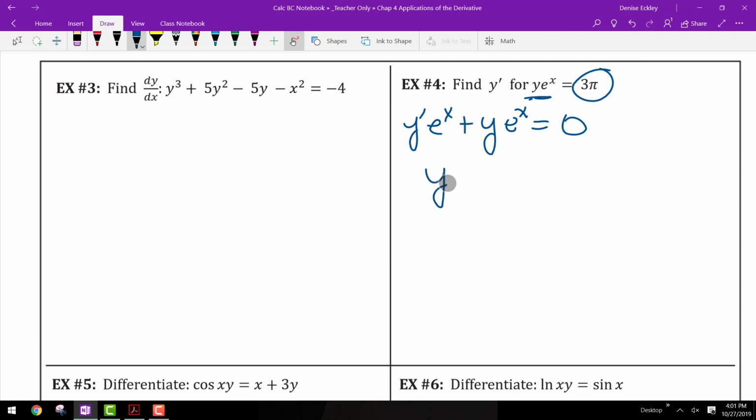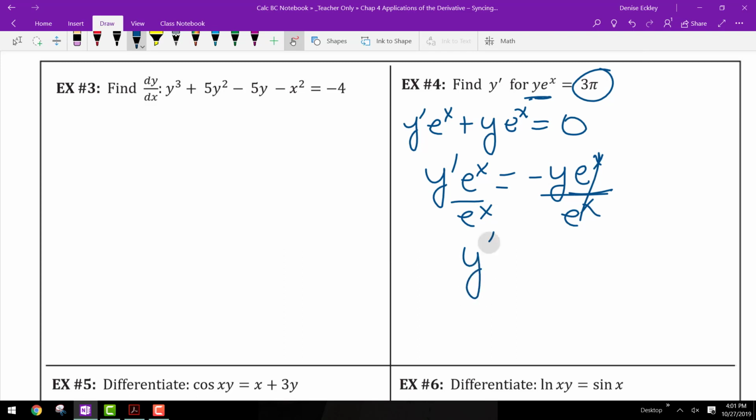So I have y prime e to the x is going to equal negative y e to the x, and then I'm going to divide both sides by e to the x. I don't know why I put a 3 up there. That should just be e to the x. I think I was thinking of the 3 pi. Anyway, these will cancel. So we have y prime equals negative y.